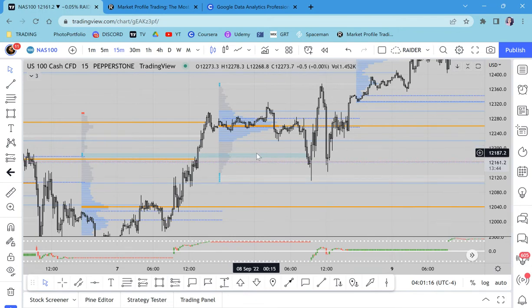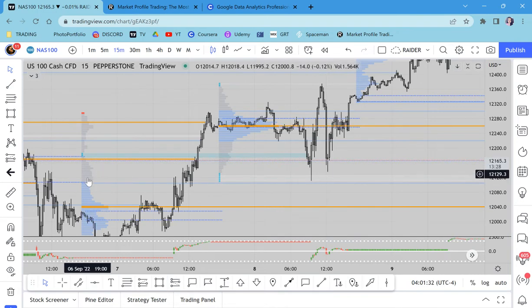But the biggest thing that we will see for the most part is that there's going to be the single print. So you could have waited for the low for this to push through and aim probably for this, or even aim for this previous value high on the 6th of September. But you guys will see that it didn't really hit it or anything. It was just kind of right there at that end. It's okay. Sometimes you hit it, sometimes you don't.